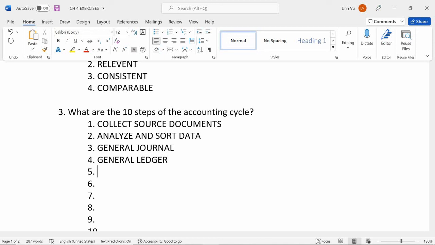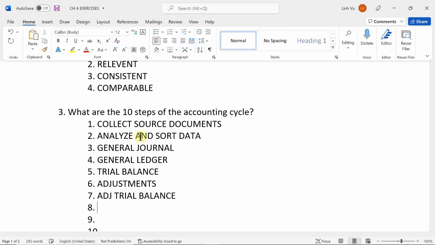All right, what happens after that? You prepare unadjusted trial balance. Trial balance. Okay, what else? Enter adjusting entries. Adjustments. Okay, what else? Prepare adjusted trial balance.